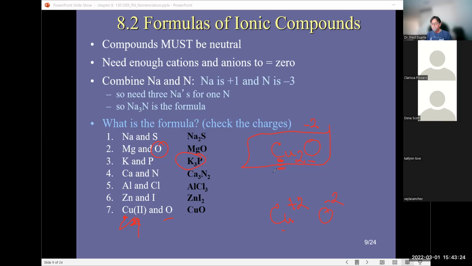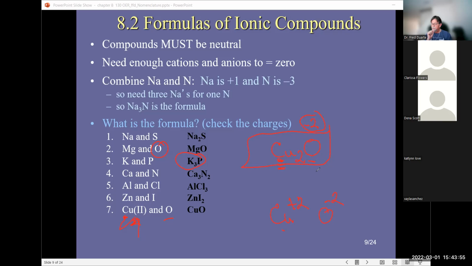A 2? Yes, but there's 2 already. If there's 2 coppers right now already in this formula, what must each one be charge-wise, oxidation-wise, to cancel the -2 of the oxide?